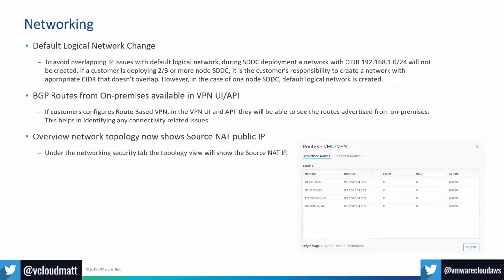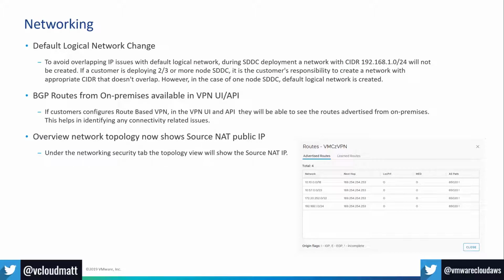You can actually see the picture here of the second item, which is the BGP routes for on-premises are now available in the VPN UI and API. So when you open up the VPN screen under Network and Security, when you're looking at your SDDC in the cloud service portal, there's a button to view the advertised routes.